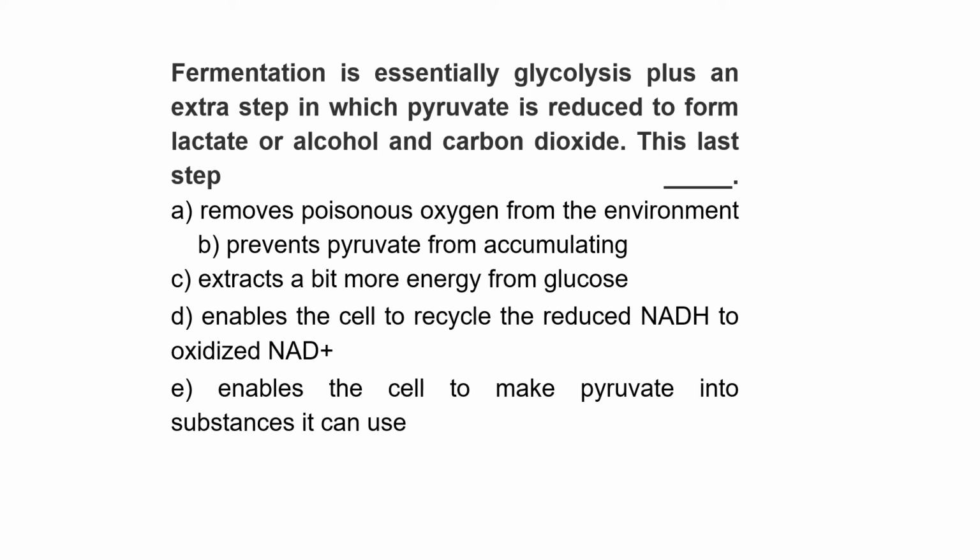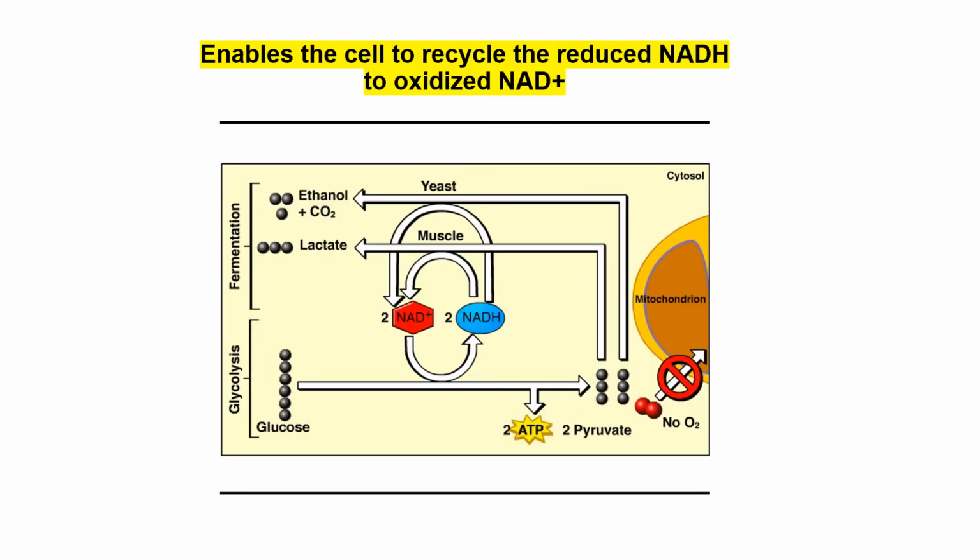So this question, they ask you, they said fermentation is essentially glycolysis plus an extra step. And what is that extra step? So to answer this question, we can see this schematic. So if you remember, the first step that we studied was glycolysis, and you break the glucose into two pyruvate molecules, and generally you move into the mitochondria.